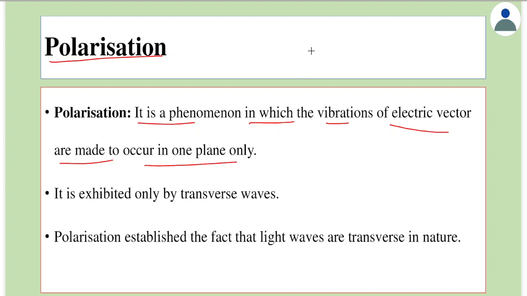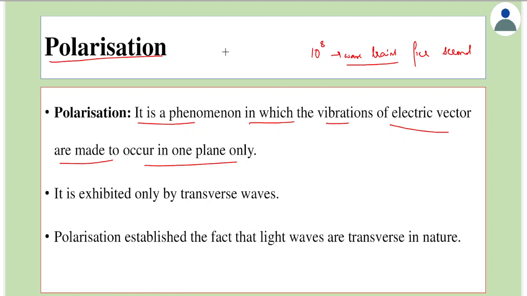An atom may emit around 10 power 8 wave trains per second, that is, it may emit 10 power 8 photons per second.